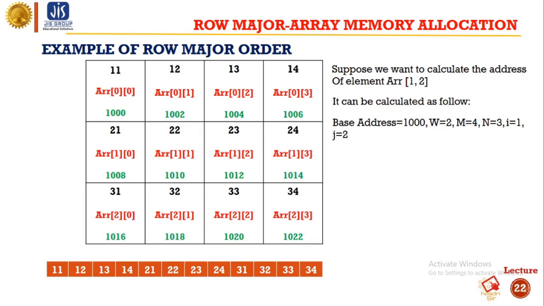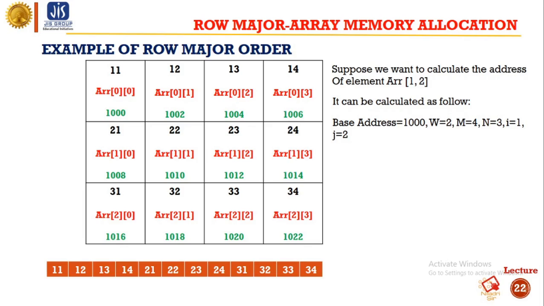Next one is M equals 4, that means there are 4 columns, 1, 2, 3, 4 columns. N equals 3 means there are 3 rows. As you can see, there are 3 rows.